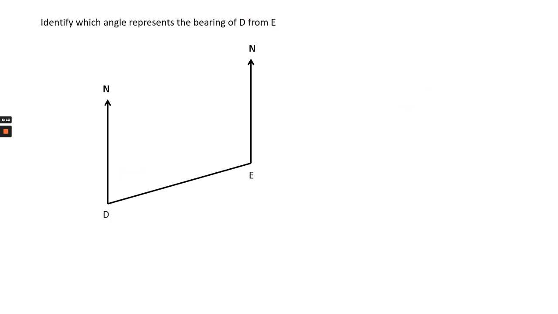Let's look at one more. Again, I'm going to read my question, and I want to identify the angle that represents the bearing of D from E. Okay, so I'm going to return to my pen.